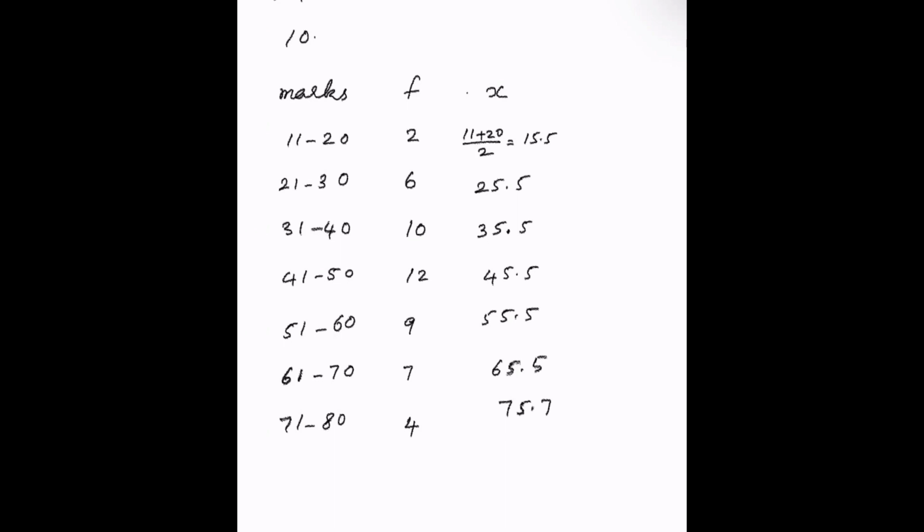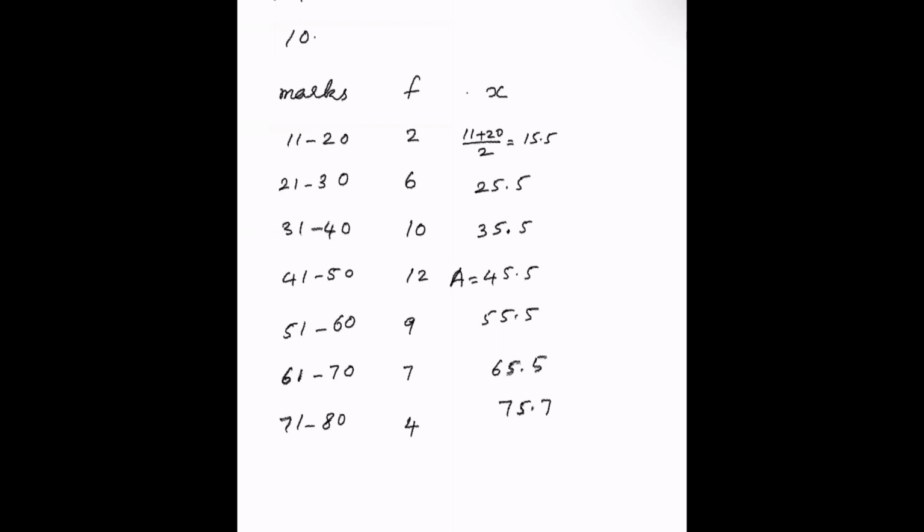Shortcut method means we have to use assumed mean. So how many observations are there? 1, 2, 3, 4, 5, 6, 7 observations are there. So mid value can be this. This is the middle value. 3 observations above 45.5 and 3 observations below 45.5. So exact middle value I'm able to take.